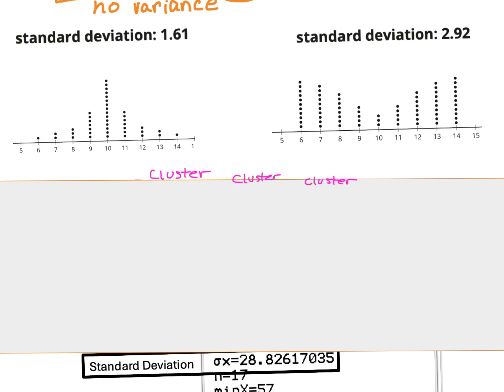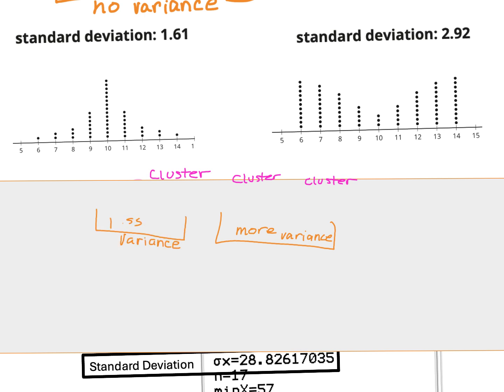So because this one has the data that is spread out to either side, this means that it has more variance. And since this one is kind of clustered around the middle, it has less variance.